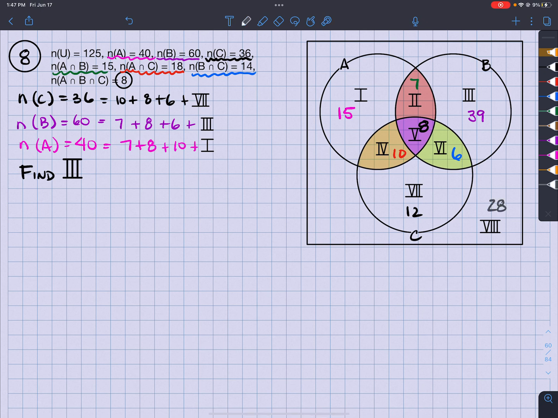That's out here. That's not within any of those circles whatsoever. But this is asking me for region 3 anyways. And region 3, as you can see, that is going to be 39, which is choice D.